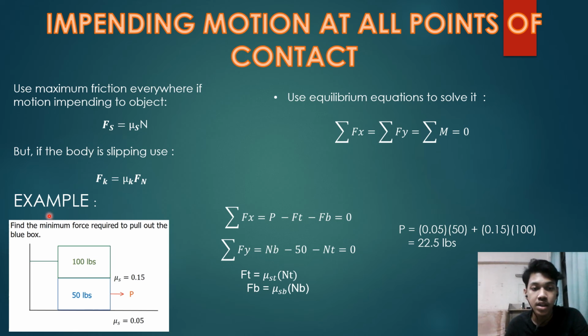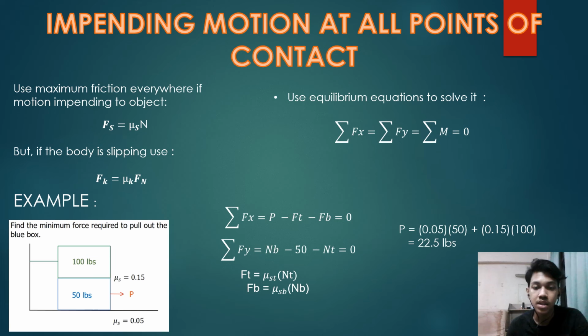So right here there is an example for this kind of problem: find the minimum force required to pull out the blue box. So right here we make two equilibrium equations, one in the x direction and another one in the y direction.